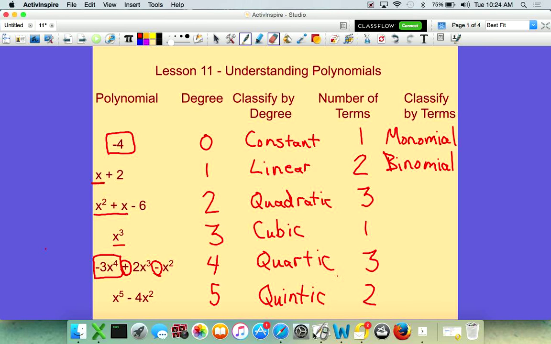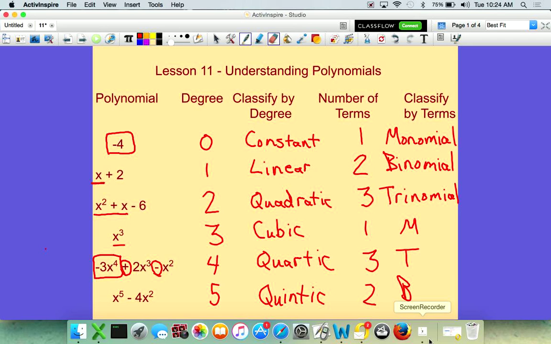For 3, just like with a cycle again, when you have 3 wheels, it is a tricycle. Well, this is going to be a trinomial. And then down here we have 1 term again, so that's a monomial. 3 terms is a trinomial. 2 terms is a binomial.